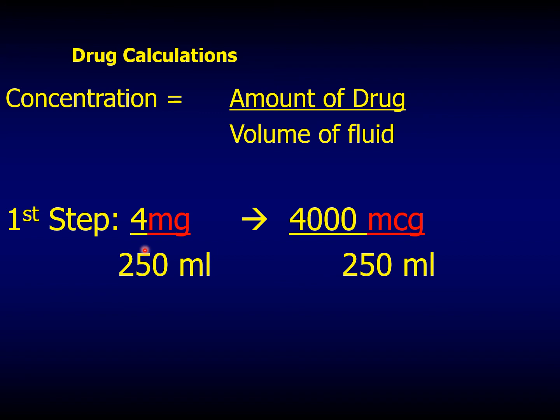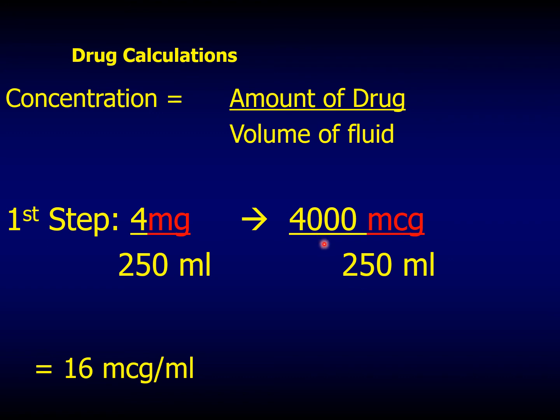So here we have it. The norepinephrine is supplied in 4 milligrams, but we have to convert that to 4,000 micrograms, because we're always converting towards desired dose. And that's what we want in that 250, 4,000 micrograms in 250. So that gives us 16 micrograms per milliliter. In that 250 ml bag, every single milliliter contains 16 micrograms, because we've divided 250 into 4,000, and it goes in 16 times.